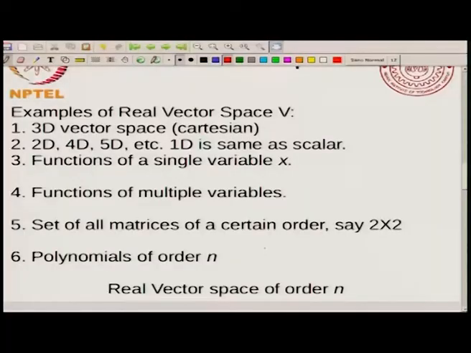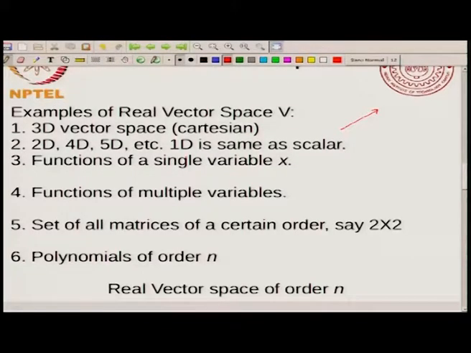And just to give you some examples of real vector spaces, you know the 3D vector space or the Cartesian coordinates, so you're represented by a vector and you say that it has 3 components in the x, y, z direction. You can have a vector in 2 dimensions, as I had said, you can have in 4 dimensions, 5 dimensions, etc. Can you have a vector in 1 dimension?